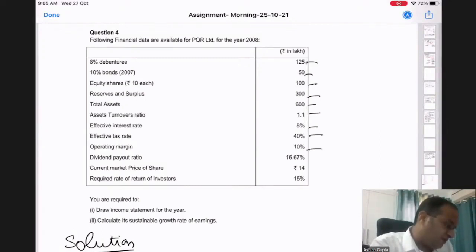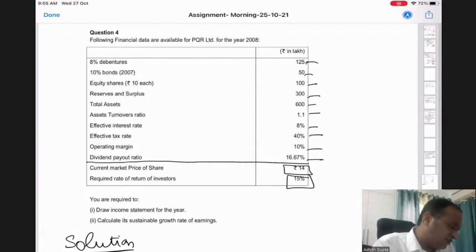The profit margin has been given to us. The dividend payout ratio has been given, and even the current market price and the expectation of the gain. So I think we will not need these last two items.